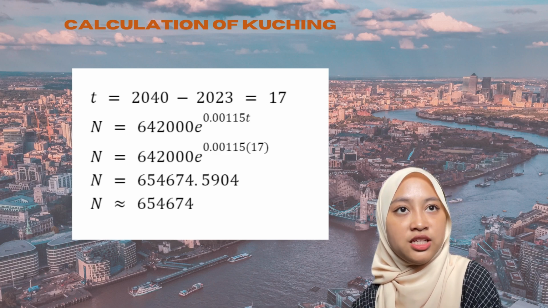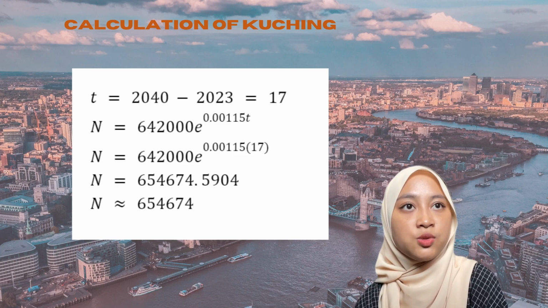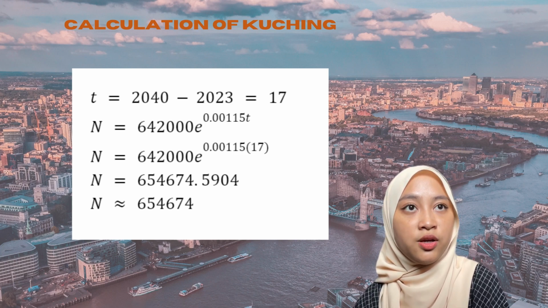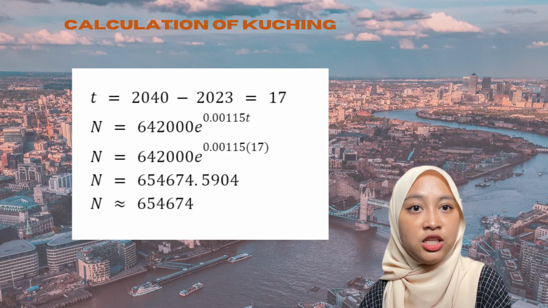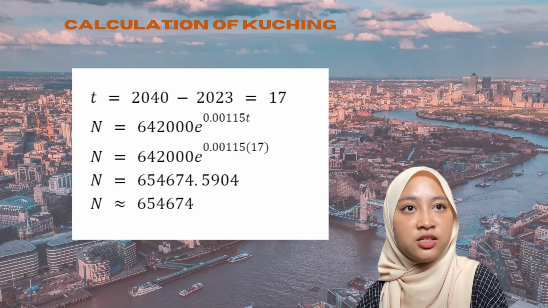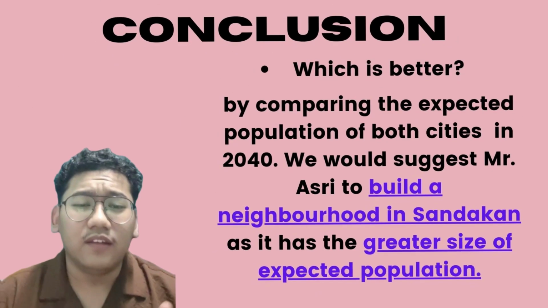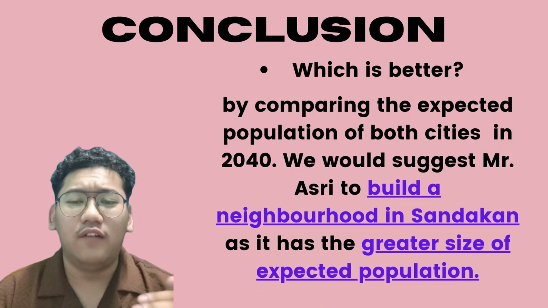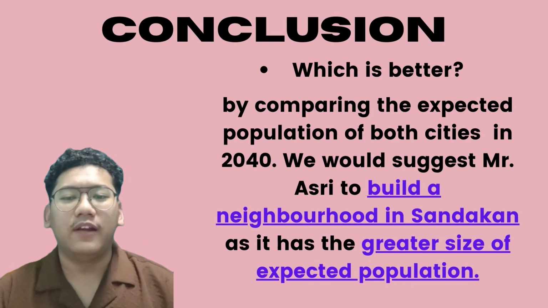By using the formula, N equals 642,000 times e to the power of 0.00115 times 17. So the number of population in 2040 is 654,674.